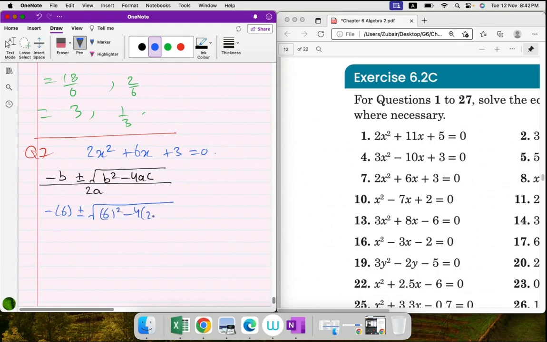Minus 3 minus under root 3 over 2 and minus 3 plus under root 3 over 2.